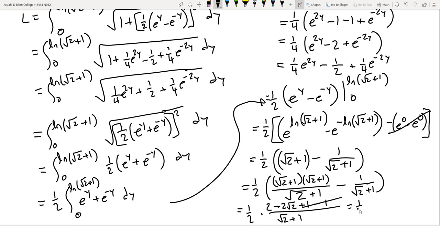So we've got 1/2 times 2 plus 2 root 2 over root 2 plus 1. We can factor a 2 out of the top there. And I'll switch the order of the bottom too. So the 2's cancel, the 1 plus root 2's cancel, and all we are left with is 1 unit. I really like those answers.